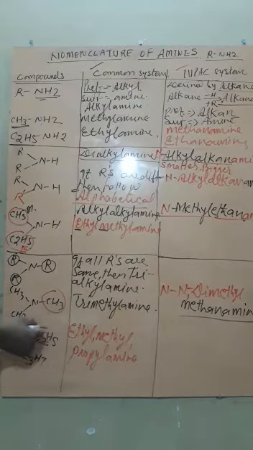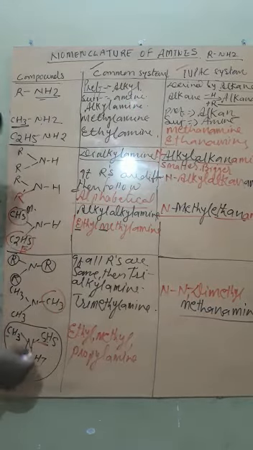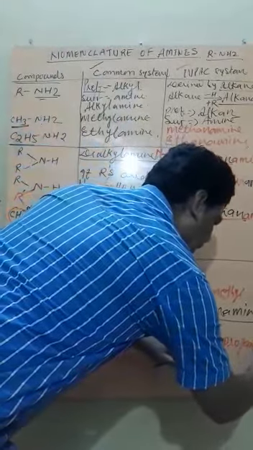But if all three are of different size, then again we have to consider alphabetical order as well as their size. So two things play a very important role here. The biggest one will be written with the suffix amine. The biggest one is C3H7, so C3H7 is written as propane, and the suffix becomes amine.